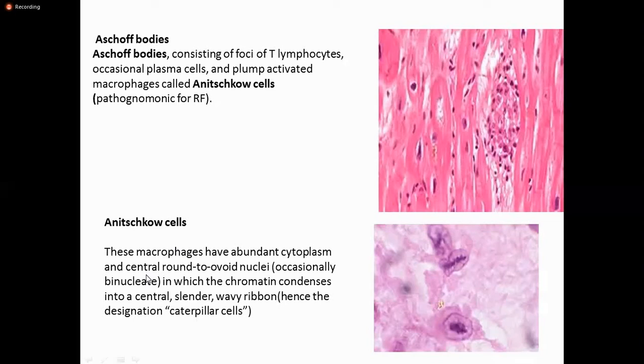Anitschkow cells are basically modified macrophages, with abundant cytoplasm and central round to oval nuclei, binucleated or sometimes single nucleated, with the chromatin condensed into a central cylindrical wavy ribbon-like shape. So this is the diagnostic criterion when we receive a cardiac biopsy or heart muscle for diagnosis.